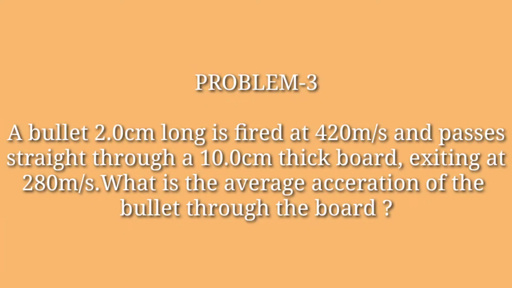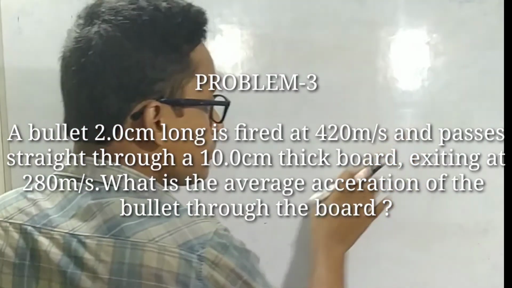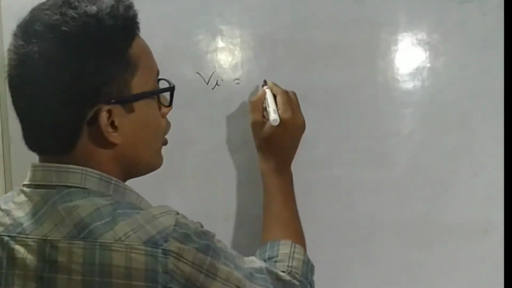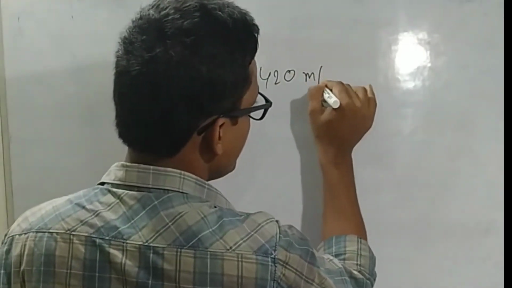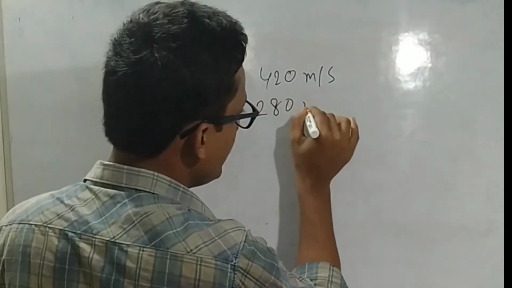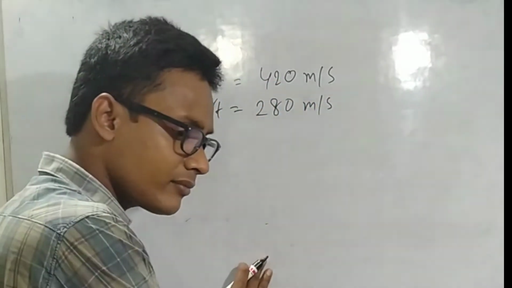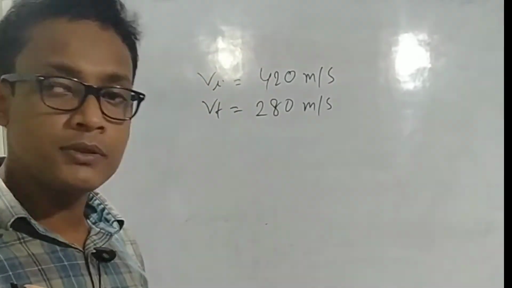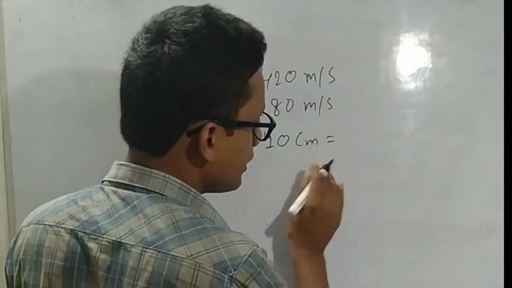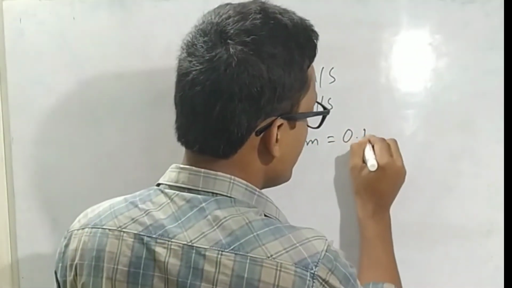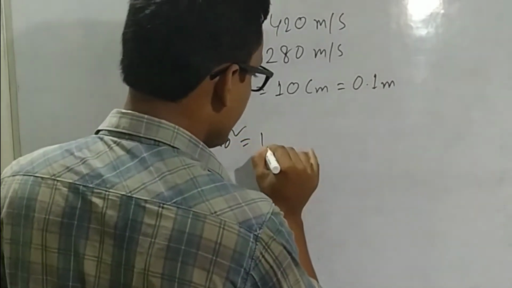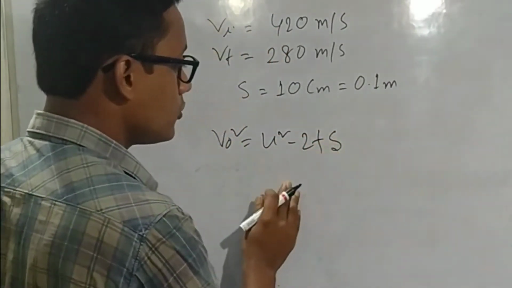What is the average acceleration of the bullet through the board? In this problem we have initial velocity equal to 420 meters per second, final velocity v final equal to 280 meters per second, distance or thickness of the board s equal to 10 centimeters, that we can write as 0.1 meter. Now we will use the formula v square equal to u square minus 2fs.